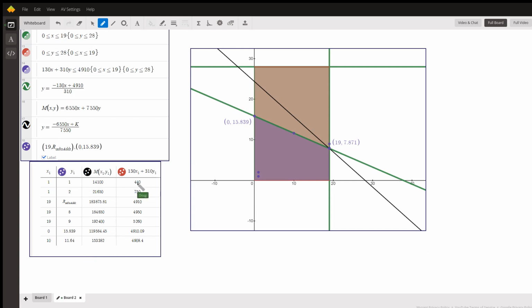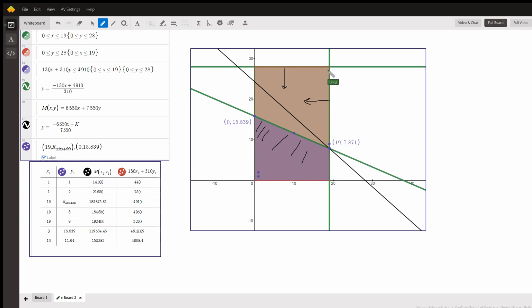Another way to do it is with linear programming. Okay, so that requires you to graph. So this region right here is your feasible region. We've got X less than 19, that's this area. Y less than 28, that gives us this rectangle right here.